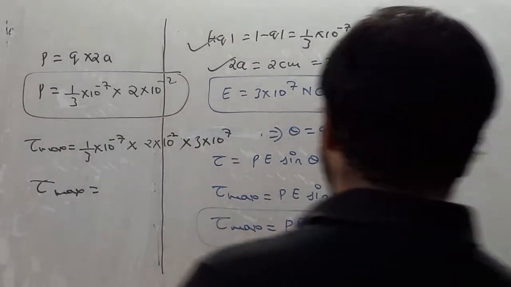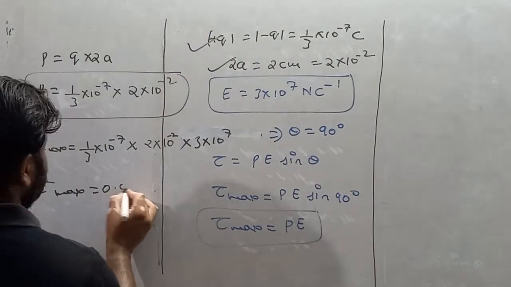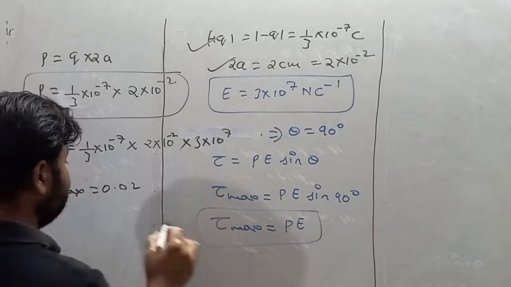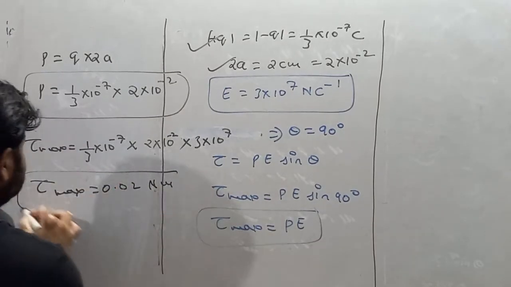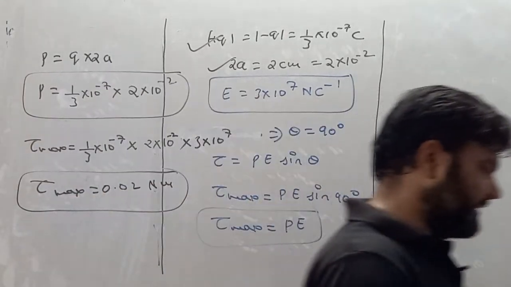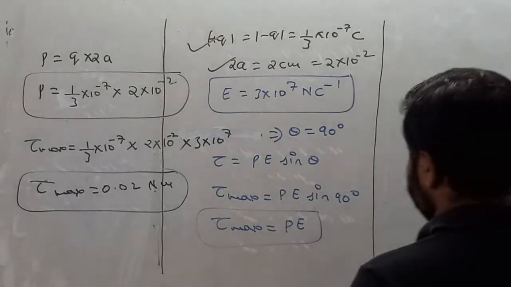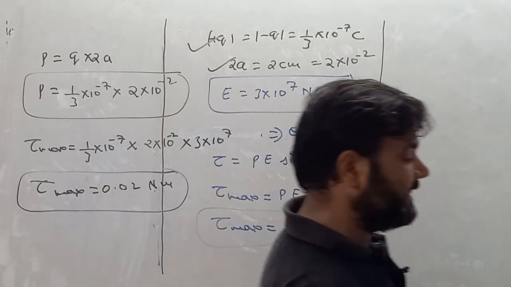If after solving you get 0.02, the SI unit of torque is force into perpendicular distance, so it is Newton meter. Copy it and try to solve on your own. If you are capable of solving it, then only you can think that you understand the concept. Remember, torque is a very important topic, so you must have all the knowledge for torque. So this is the numerical of torque.